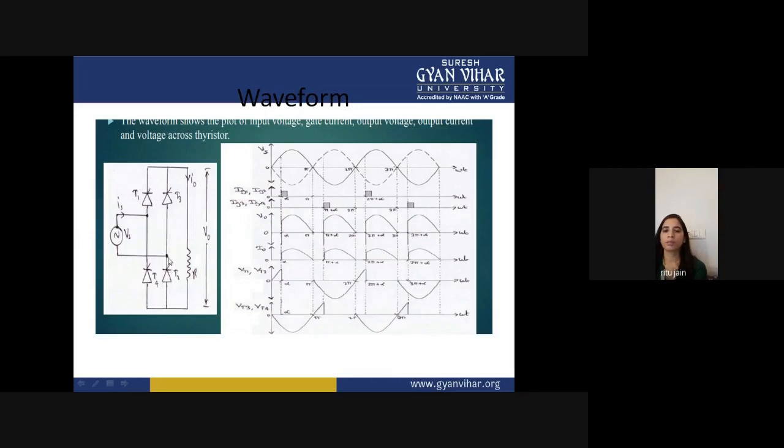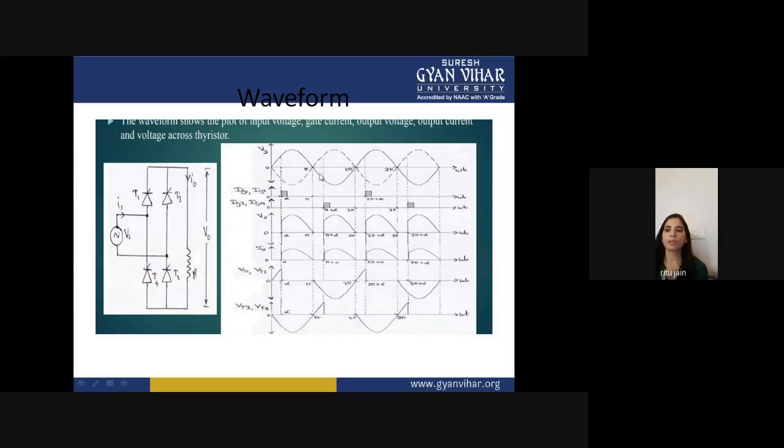But when this terminal is positive, T3 becomes forward biased and T4 becomes forward biased because this terminal is negative. So after T1 and T2, T3 and T4 come into the conduction mode for this negative half cycle.